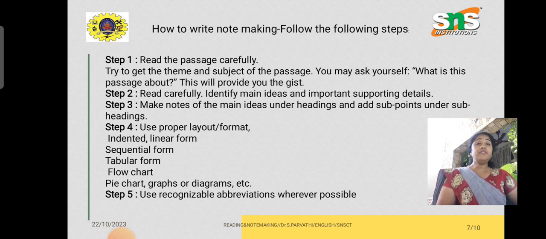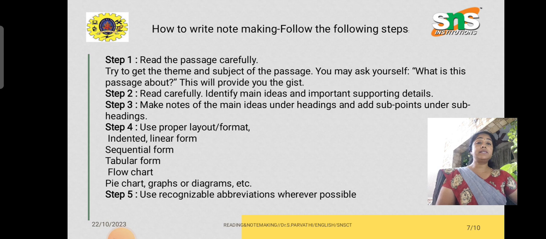Okay, and read carefully, identify main ideas and important supporting details, because when we develop a paragraph or sentences, we need some hint, right? That is what the important supporting details are.